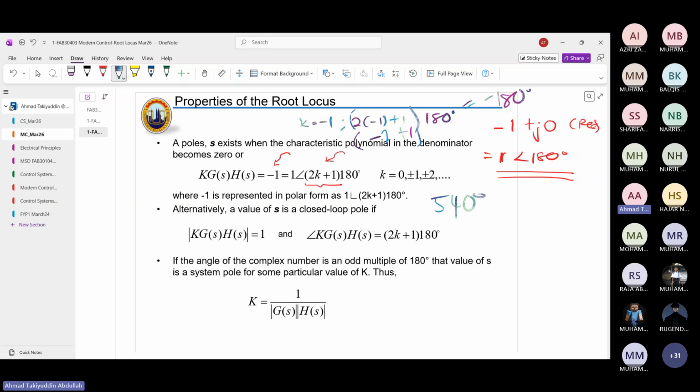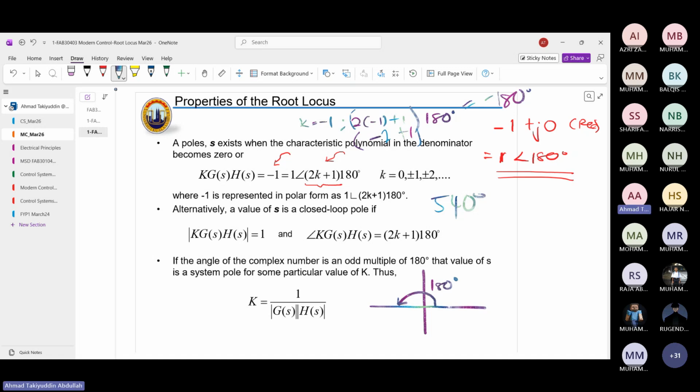Is 540 degrees the same as minus 180 degrees? No, sir. Goodness me, guys. This is how we determine the angle. We take the anti-clockwise direction as positive 180 degrees.